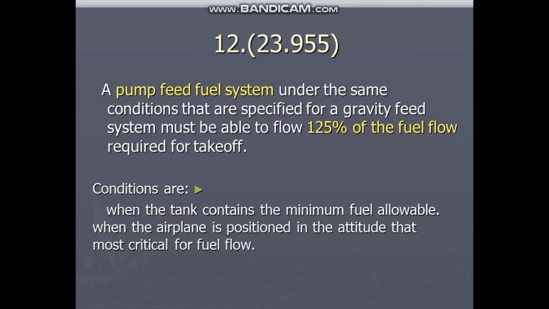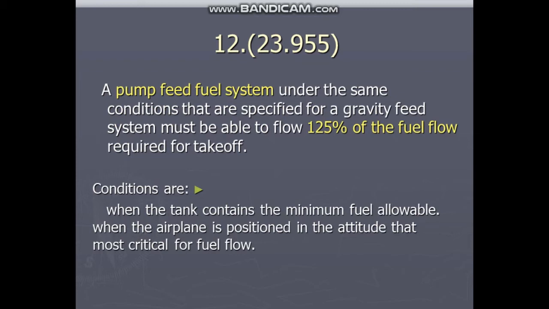Number 12. A pump feed fuel system, under the same conditions that are specified for a gravity feed system, must be able to flow 125% of the fuel flow required for takeoff.